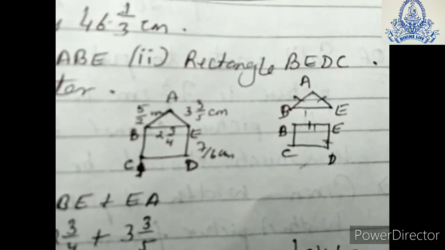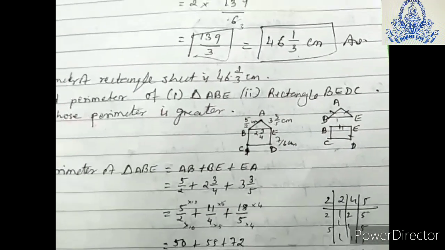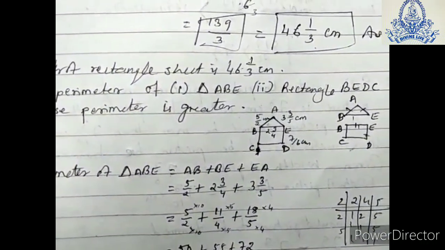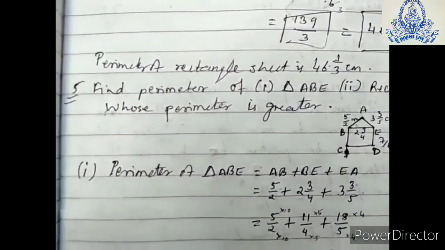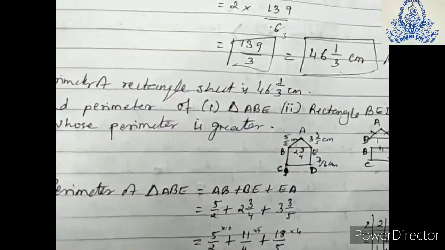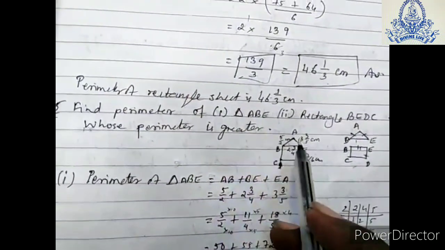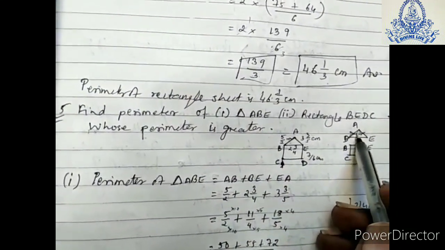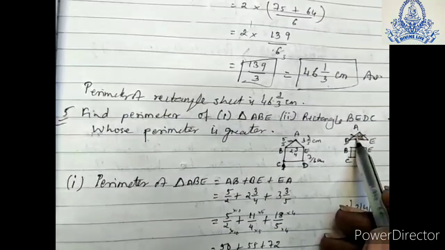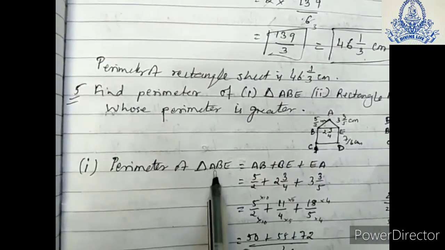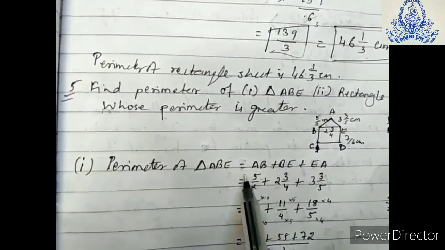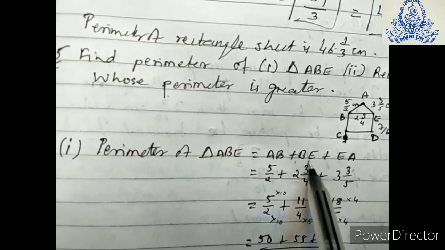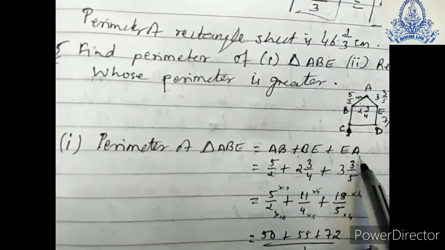And we have to find the perimeter of the triangle and the perimeter of the rectangle. So first of all, we will take the first formula, we have to find the perimeter of the triangle, which has been given here. The perimeter of triangle ABE is side AB plus side BE plus side EA.